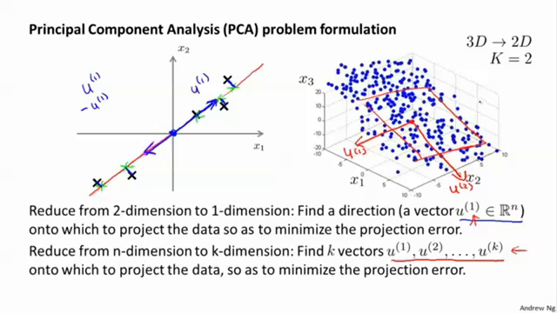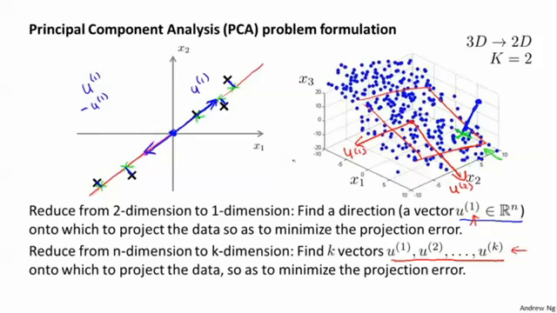In this 3D example too, given a point, we would project it onto this 2D surface. The projection error would be the distance between the point and where it gets projected down to the 2D surface. So PCA will try to find a line or a plane onto which to project the data to minimize that squared, 90-degree or orthogonal, projection error.